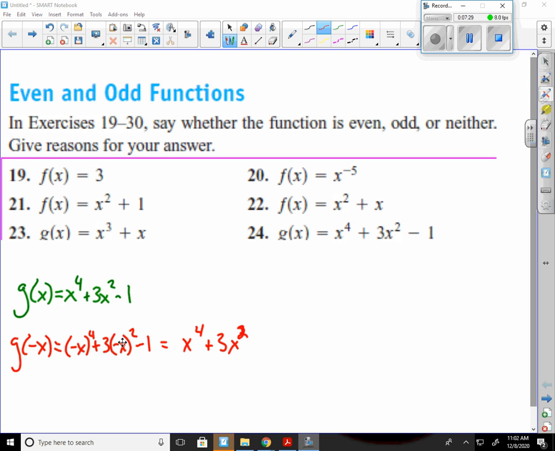Anytime that I raise a negative to an even exponent, it's going to become a positive. Okay, so now this is exactly the same as this. So this is an even function.